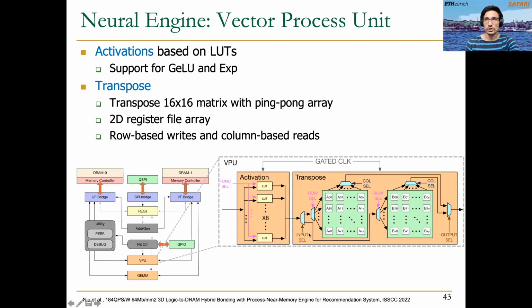As you can see also in the figure, rows are written and then columns are read, and that's the way of performing the transposition. We write rows and then we read columns, and this way we can read the transposed matrix.